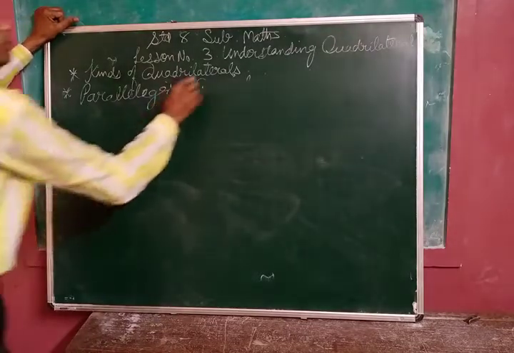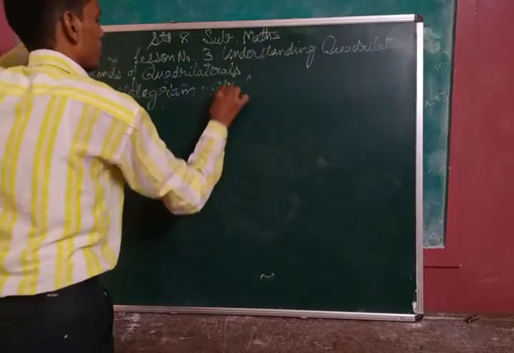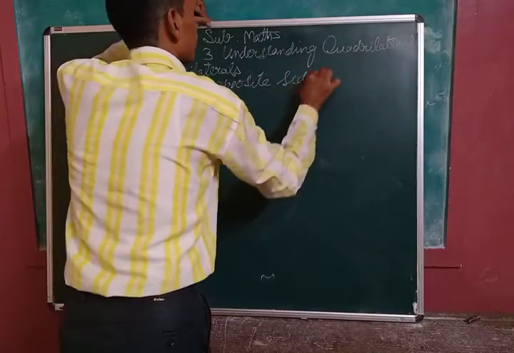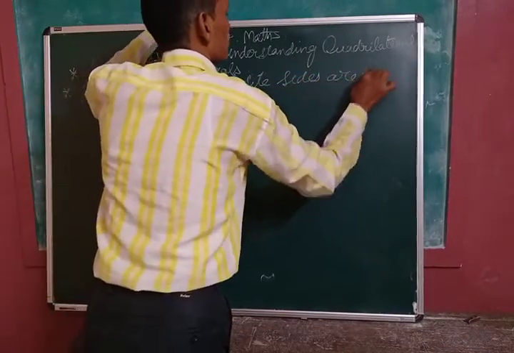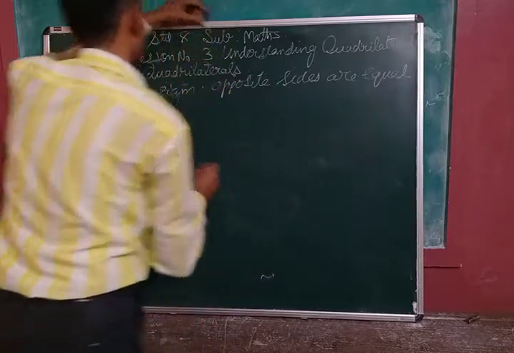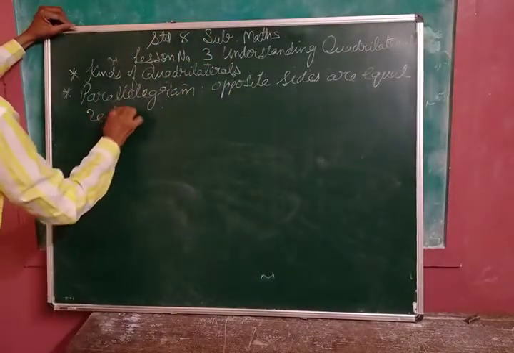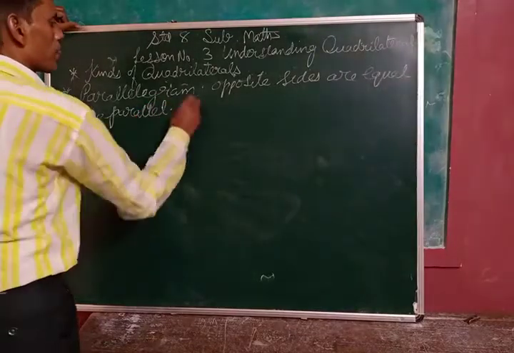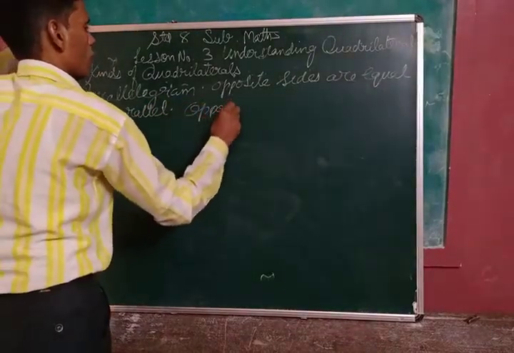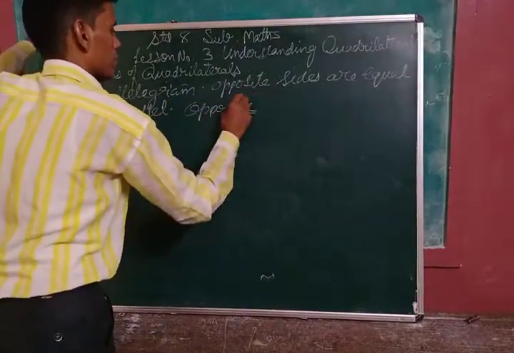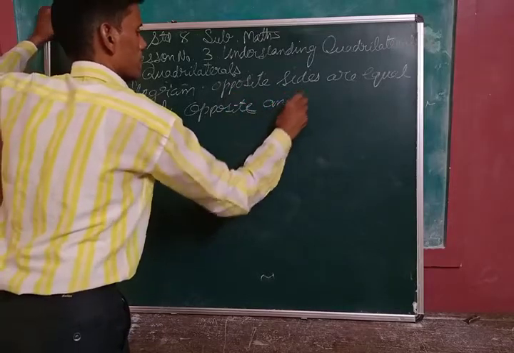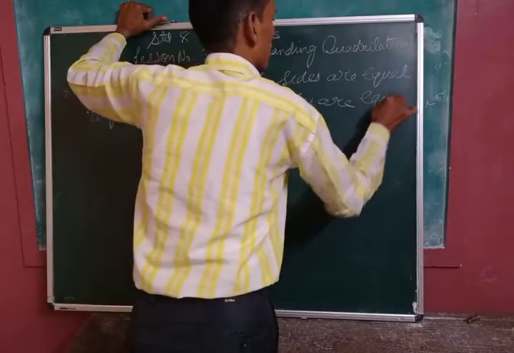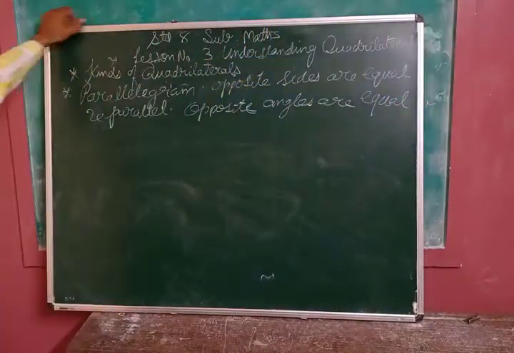In parallelogram, opposite sides are equal and parallel. Okay, opposite angles are equal. Is that clear?